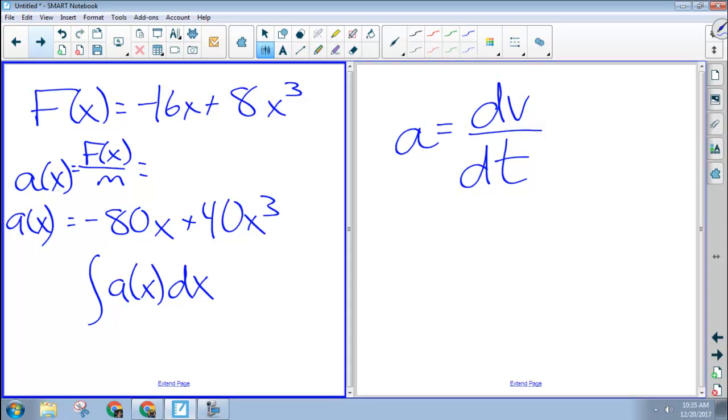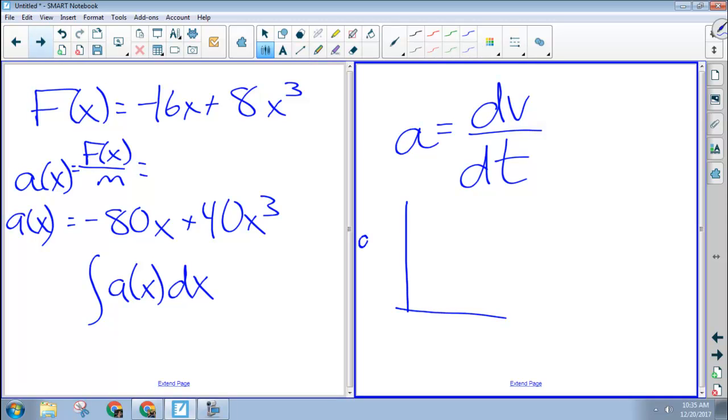Remember, that's area under a curve. If I give you acceleration and position, acceleration is in meters per second squared and position is in meters. If I find the area under some chunk of that, is that going to give me meters per second? No. You see what I'm saying?